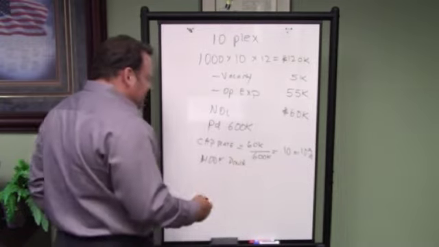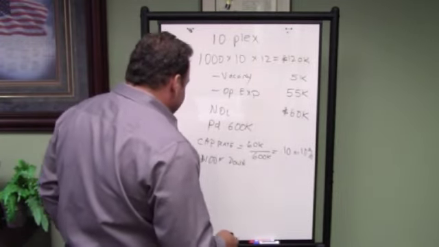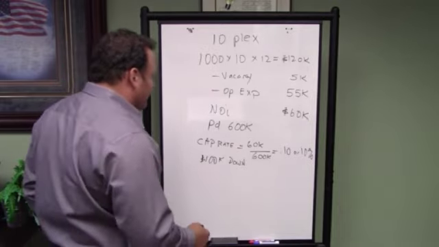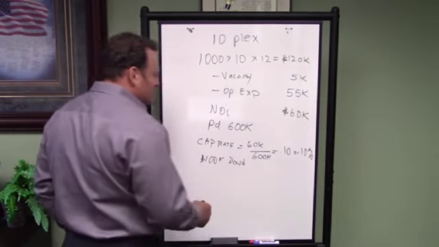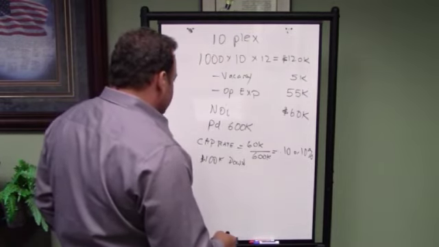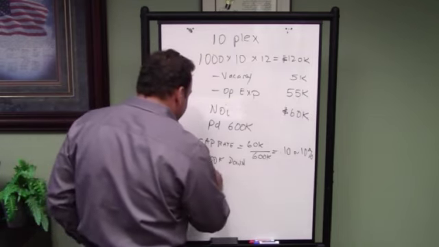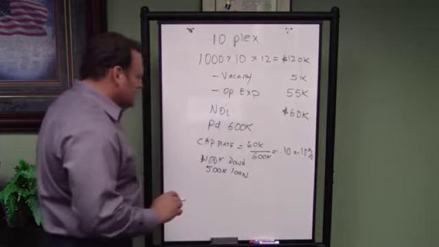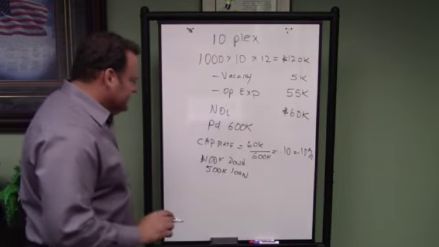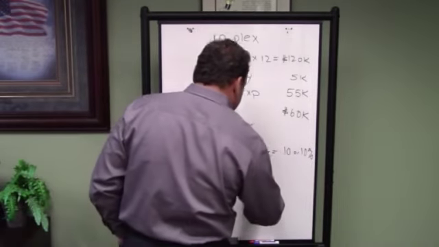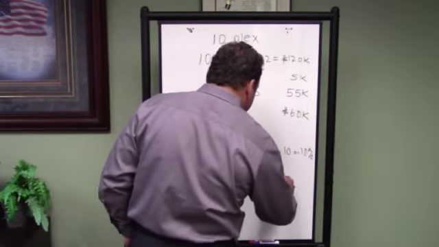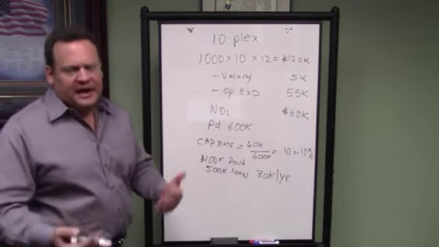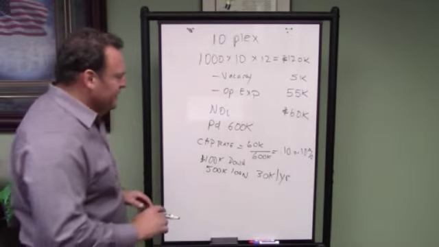So let's say we did 6%. Oh, I'm sorry, I did it backwards. 100,000 down means a $500,000 loan. So $500,000 times 6%, if it was interest only, would be $30K per year in interest payments. Now, if it was amortized 15 or 20 years, the number would be higher. But let's just use simple numbers for the example.